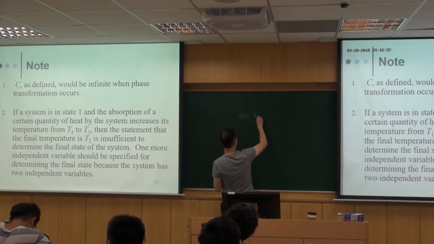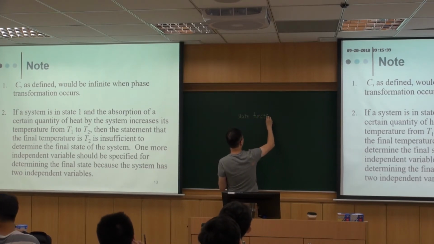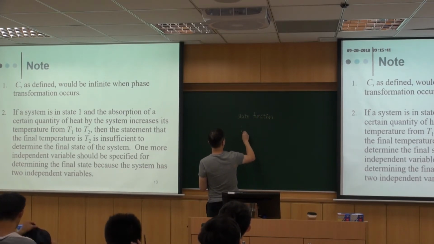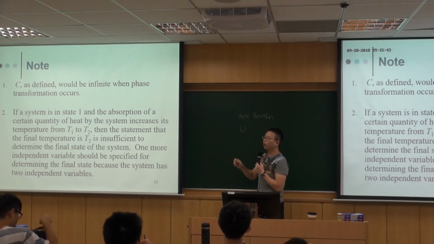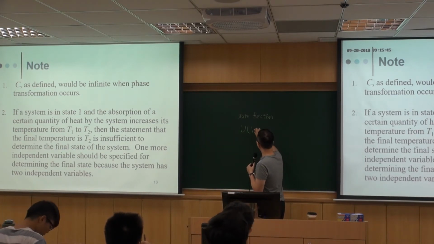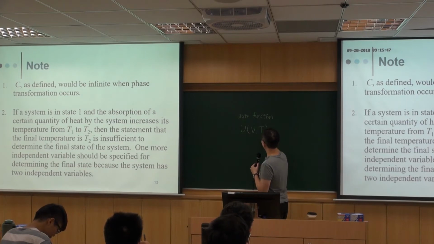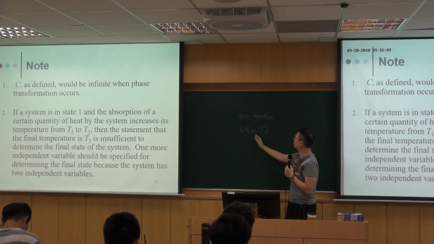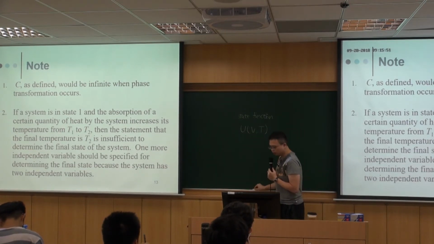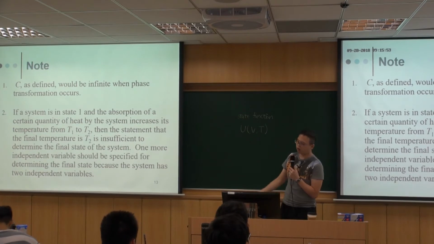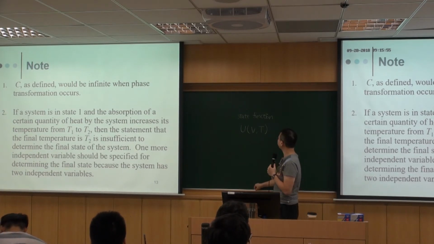we've already mentioned this several times, the state function, the most common one is the internal energy. It's typically a function of two variables. You have to know the temperature, and you also need to know the volume in order to determine the state.